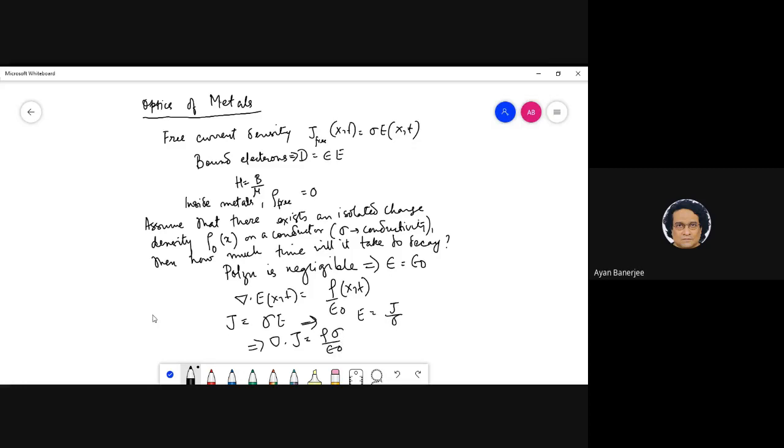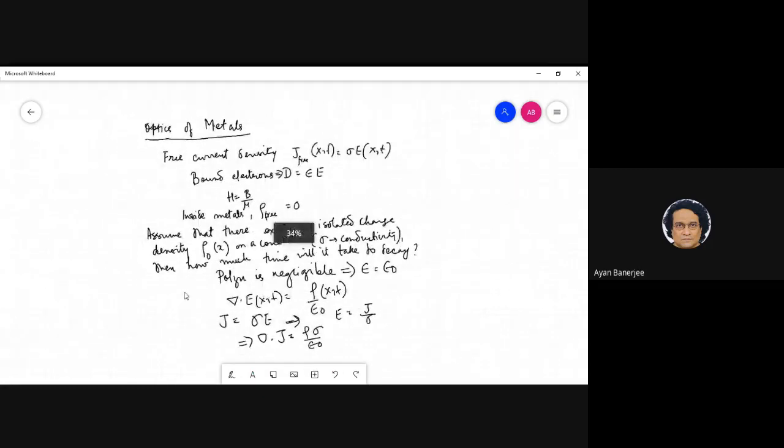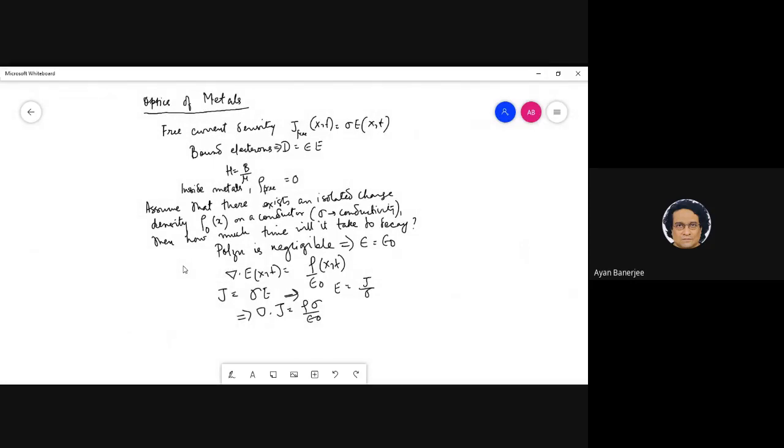Okay, so remember, what am I trying to do? I'm trying to see how rho of t is, so rho 0 is the charge at time 0. Okay, t equal to 0 means we have rho 0. What is happening at time t? This is what I'm going to find. So we basically need to have a first order differential equation in time.